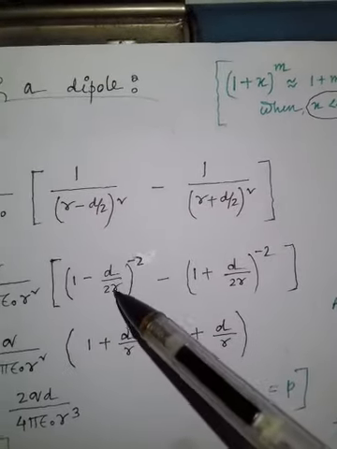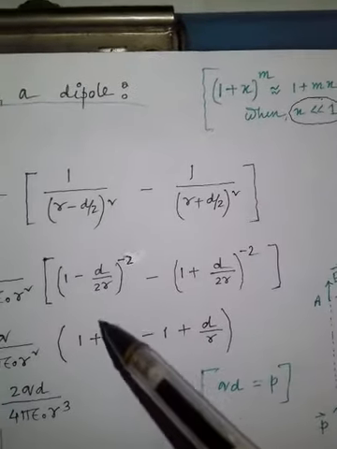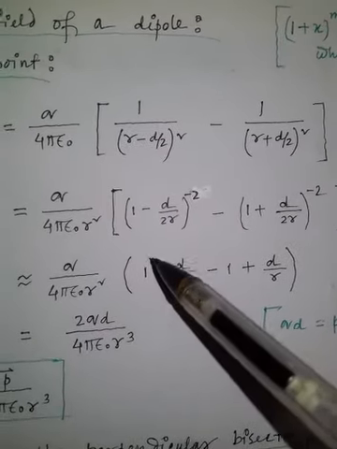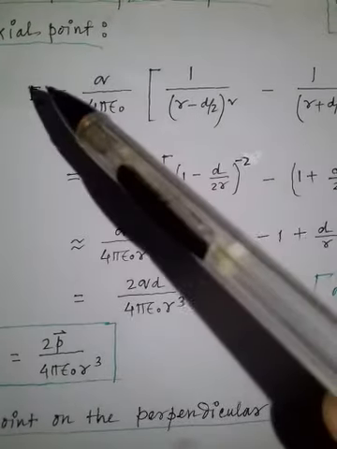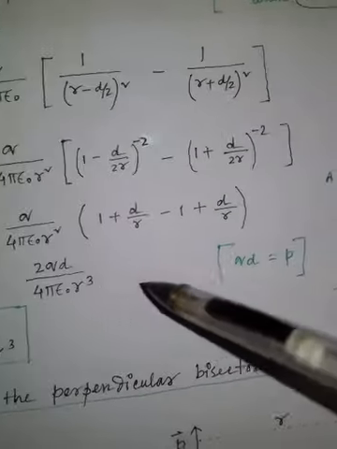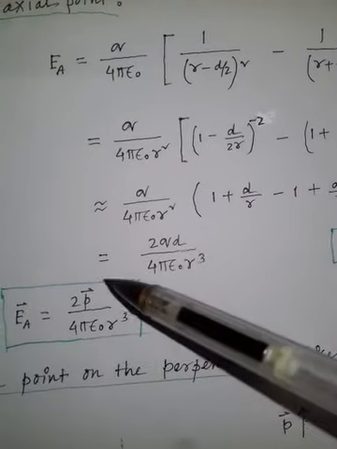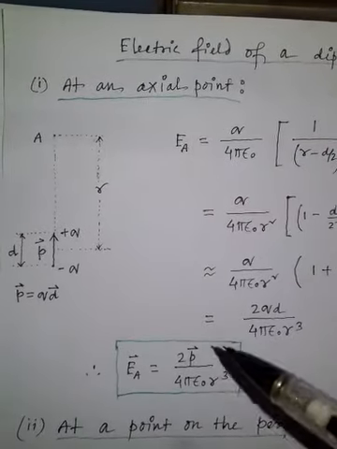So we can happily use this binomial expansion and ultimately we get like this, where 1 and minus 1 cancel out, and finally we get E at A as twice qd by 4 pi epsilon naught r cube. But qd is the dipole moment P, so we have twice P by 4 pi epsilon naught r cube as the field at A.